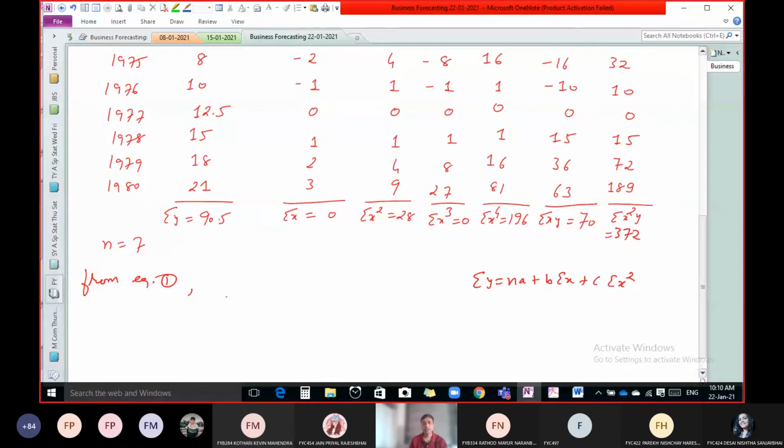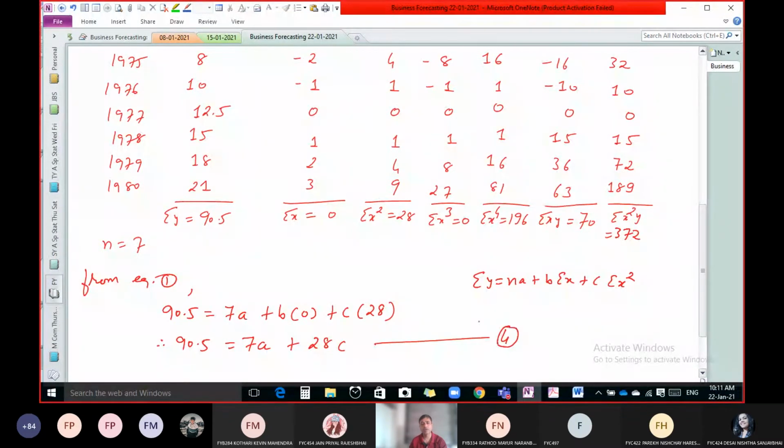So put the values. 90.5 equal to n, 7, a plus b sigma x, which is 0, plus c in bracket sigma x square, which is 28. So we get 90.5 equal to 7a plus 28c, because 0 into anything is 0, so no need to write that thing. Let us say this is equation 4.